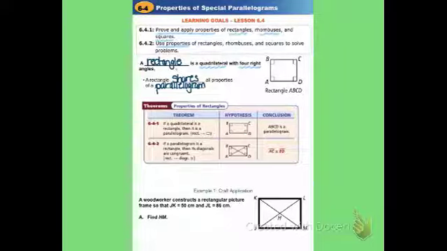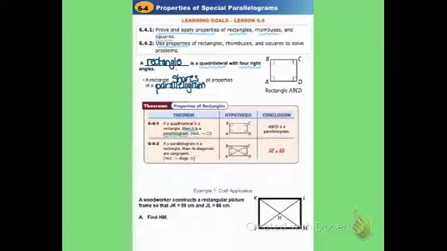And that's exactly what the first part of this theorem, the properties of a rectangle theorem, says: if a quadrilateral is a rectangle, then it is a parallelogram. And if it's a parallelogram, it possesses all of the properties that a parallelogram has as well. That's a really powerful theorem because it links you back to all those properties of parallelograms, and you know those are all true.